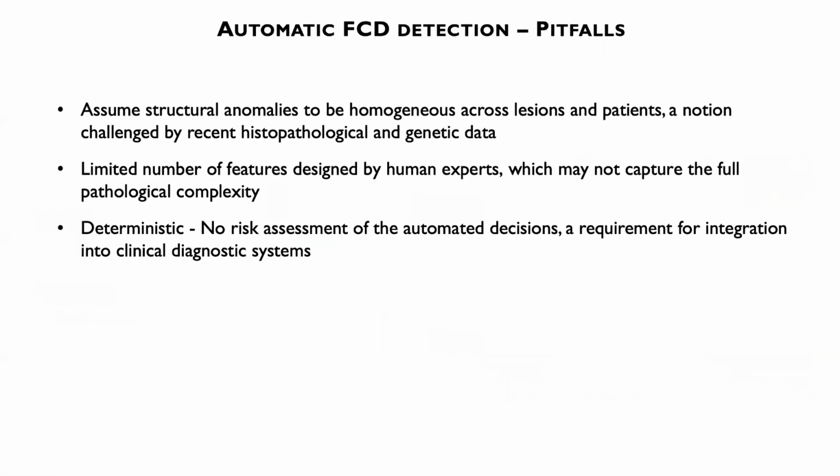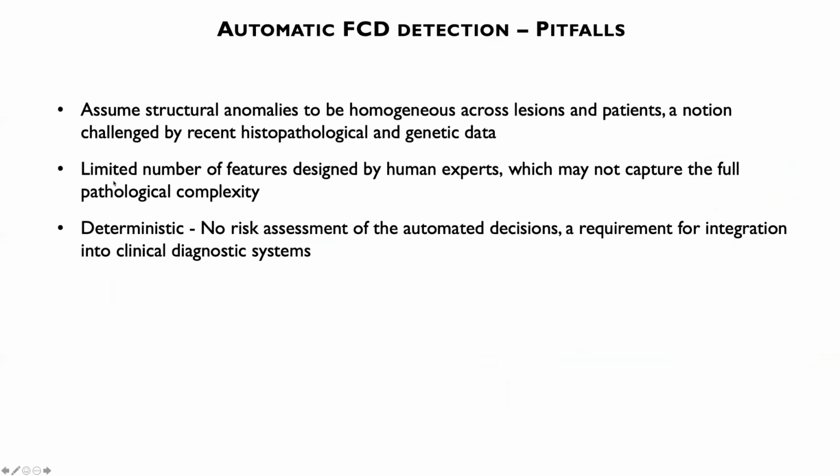Now, regarding automated FCD detection, there are some pitfalls to consider. In general, so far, all algorithms have assumed structural anomalies to be homogeneous across lesions and patients, a notion actually currently challenged by recent histopathological and genetic data.